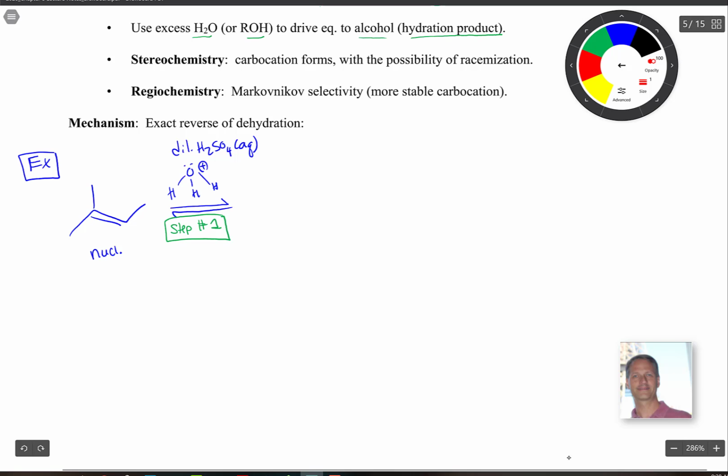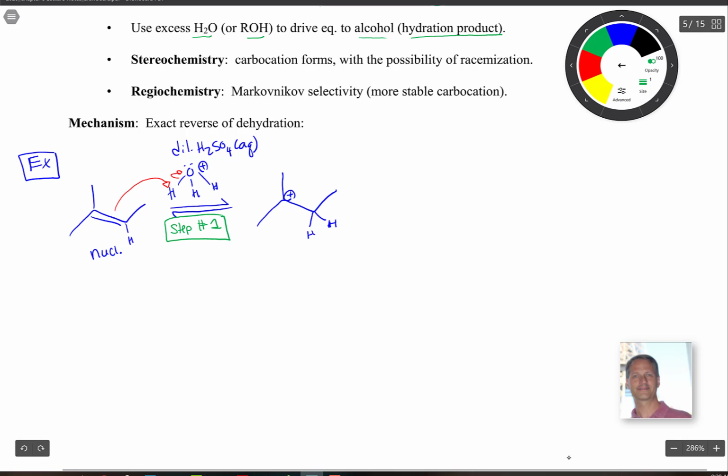So the first step of this reaction is we're going to come over and we're going to grab an H. So that H is going to go to the position that generates the most stable intermediate. So there was already one H that was right there. So there's your second H. That's Markovnikov. Gets more, rich get richer. And a plus charge right here.